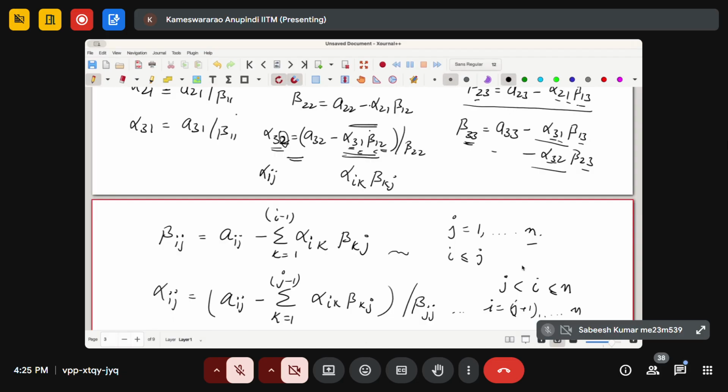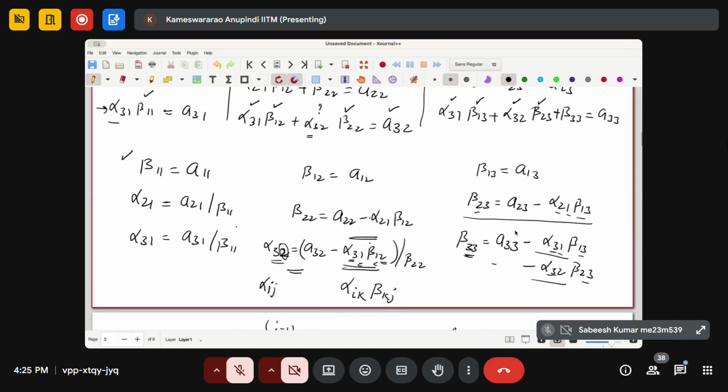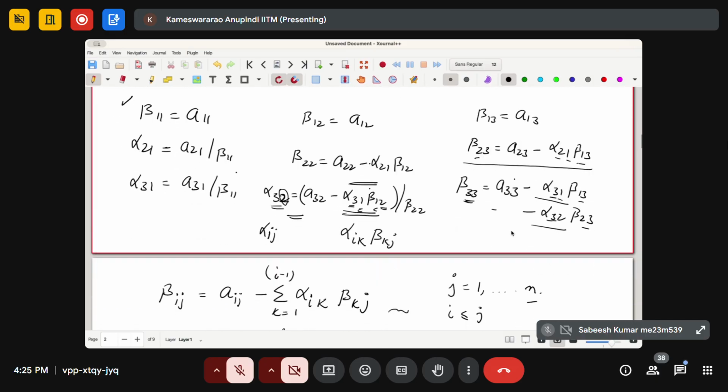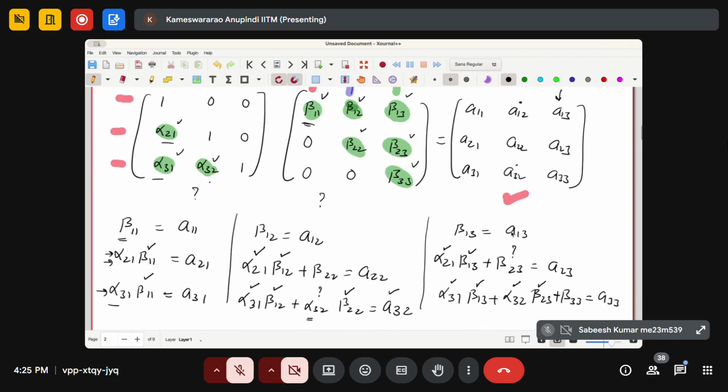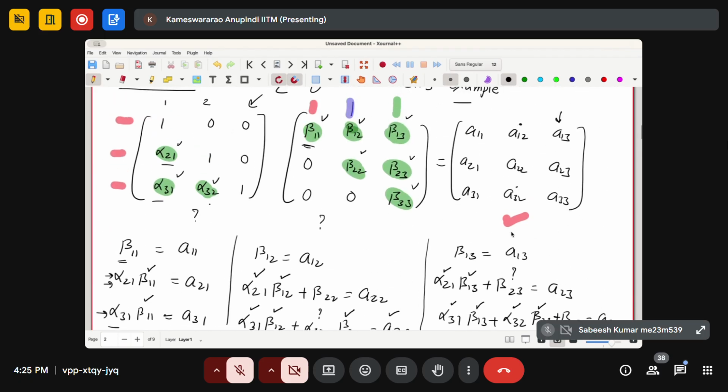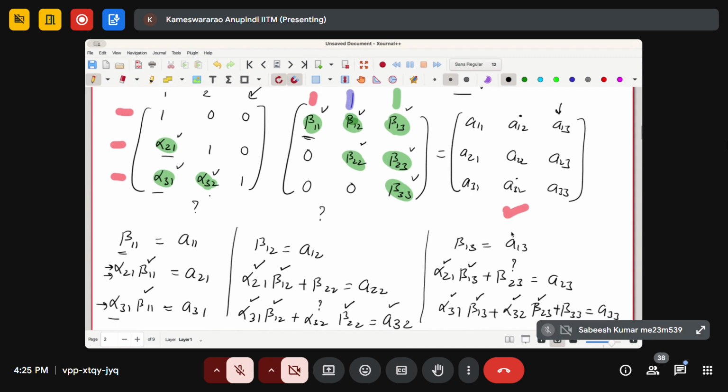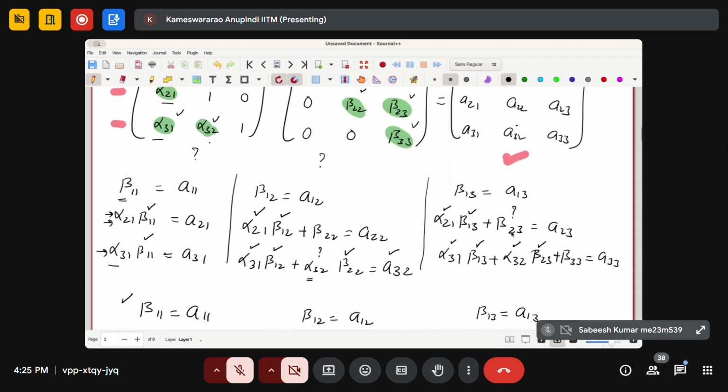Sir, just one question. Alphas and betas, instead of them being dependent on each other, can we already make them based on just A's or a ij, so that, for example, on the left hand side, beta 11 equal to a 11. So when you write alpha 21, can you scroll a little bit down?